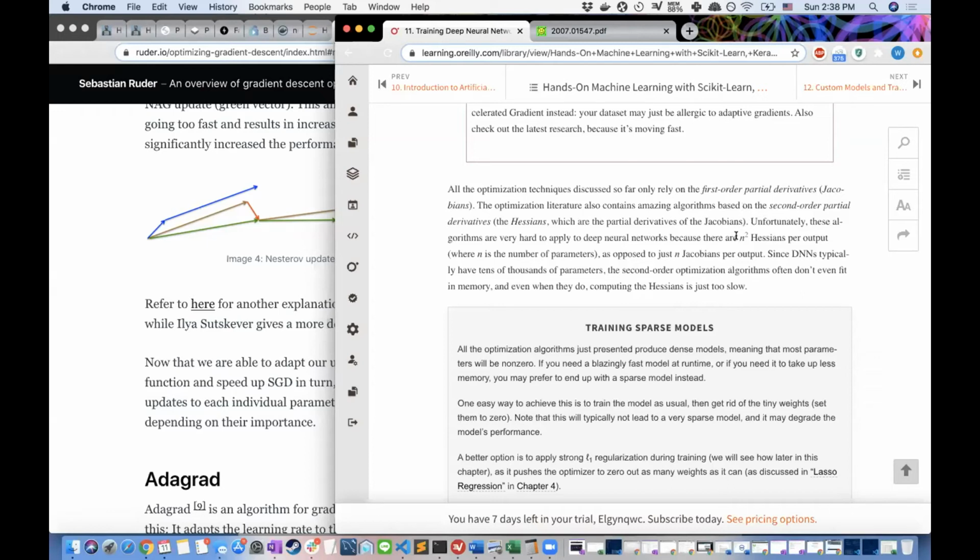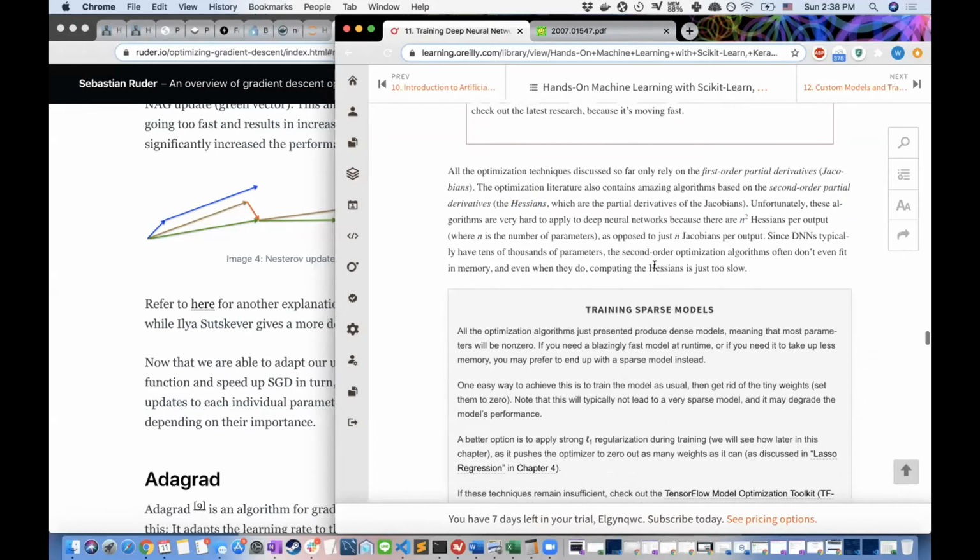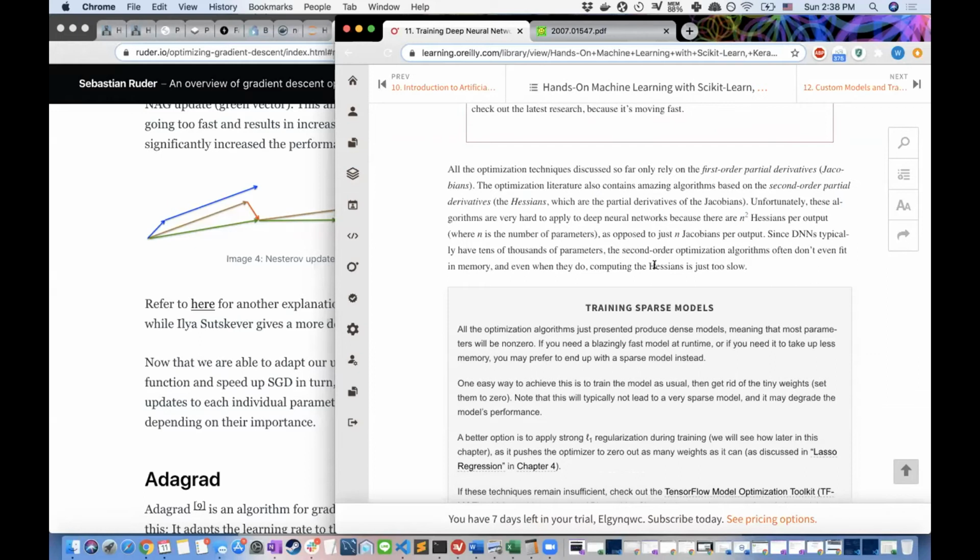It's just that the computational complexity is a bottleneck, and I don't know how that behaves with respect to the Jacobians, and how that can be helpful in updating the weights. If anyone knows, please feel free to jump in.